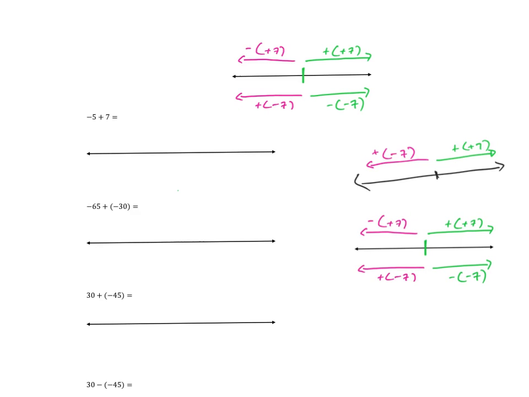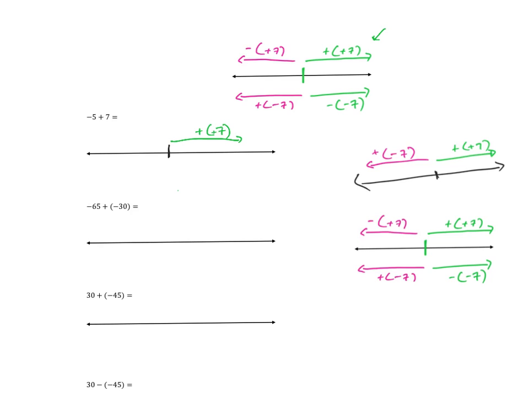So again, we're not going to worry about where we started at first. We just know we're going to start somewhere, and we're adding a positive 7, which means we're going to the right. You don't have to put the parentheses, I'm just trying to make sure it's really clear.